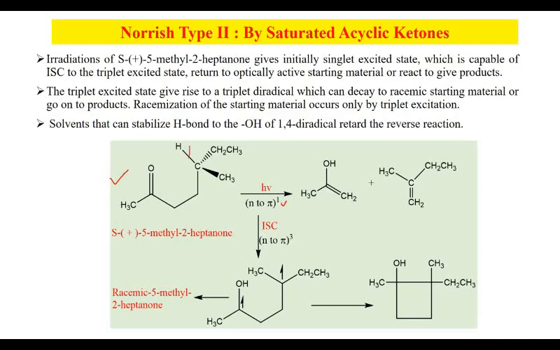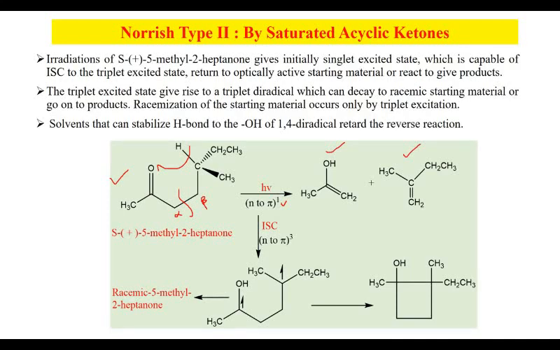Similar to the previous example, this H is shifted to this O and it undergoes this bond cleavage, which is between alpha and beta. So one is alkene and the other is enol, which is tautomerized to the keto form.